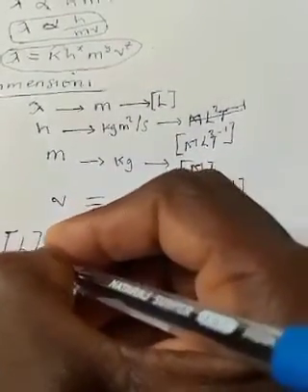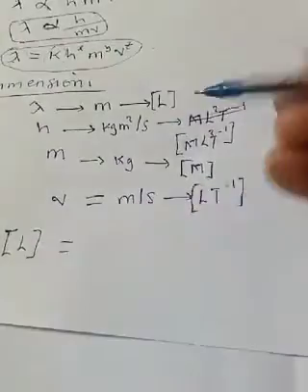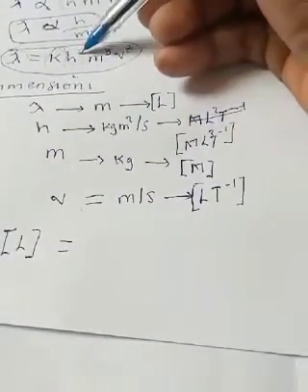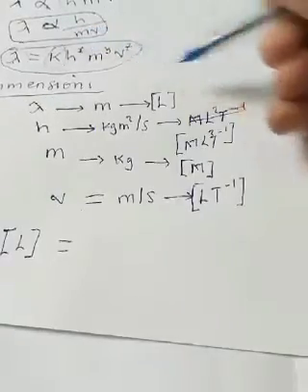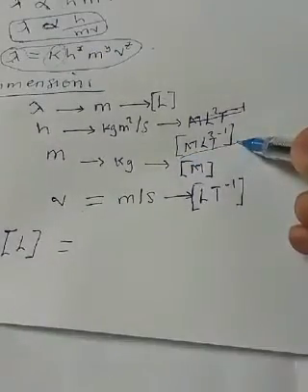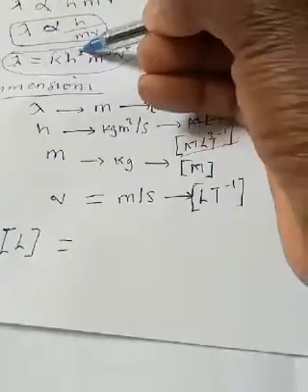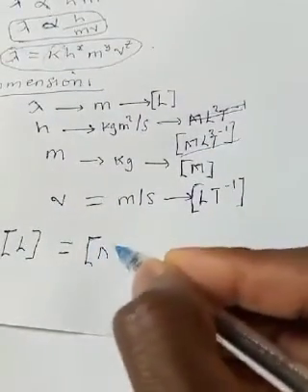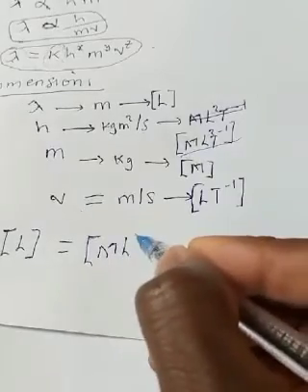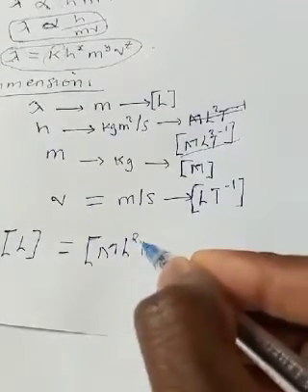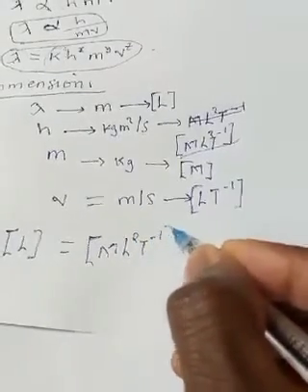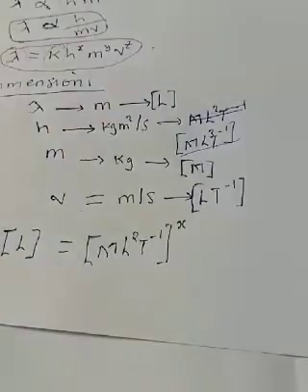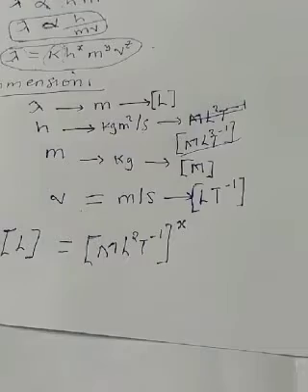L has to be equal to, whenever you reach this given point, you can ignore the k. Since the dimensions are given as those, but remember h here is raised to the power of x, you are going to say m L square t to the power -1, you close, then you put the power of Planck's constant, like this.